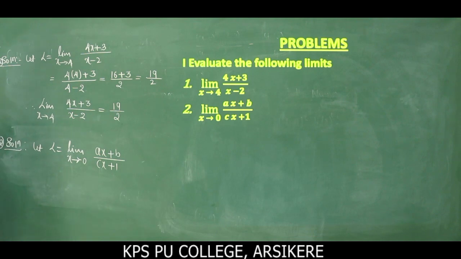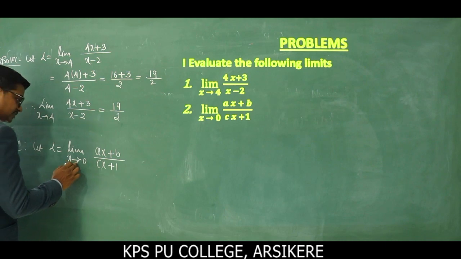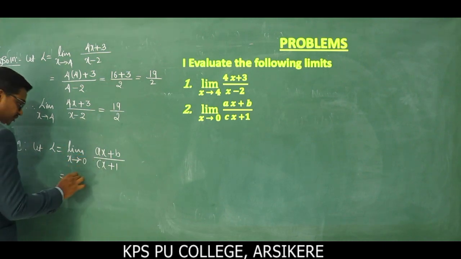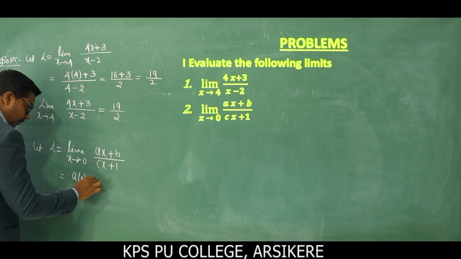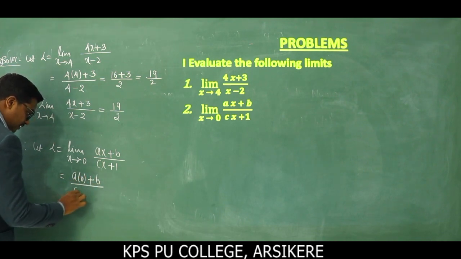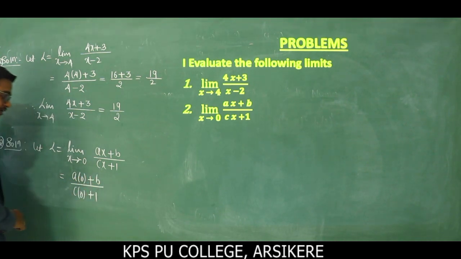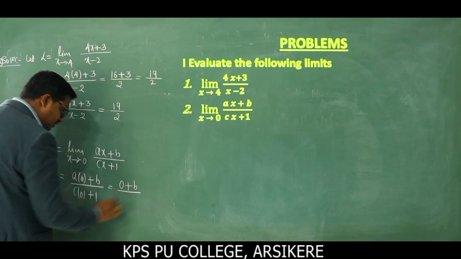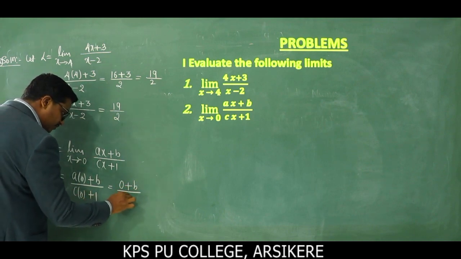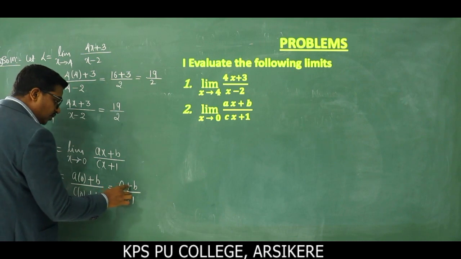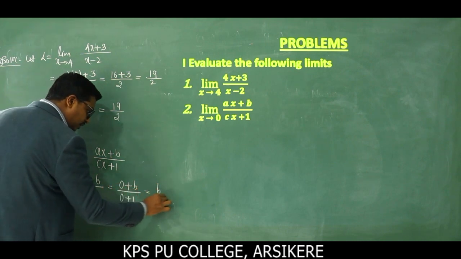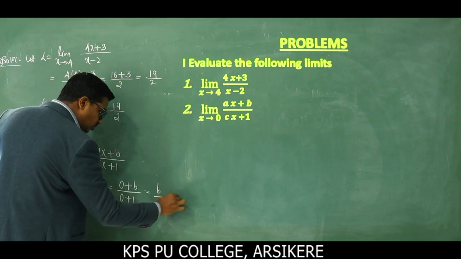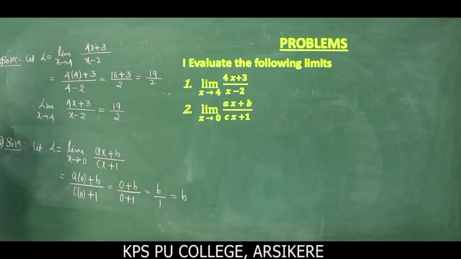So we replace x is equal to what? 0 in this function. This becomes (a into 0 plus b) divided by (c into 0 plus 1). Next step is simplification. A into 0 becomes 0 plus b, divided by c into 0 is 0 plus 1. 0 plus b is b, divided by 0 plus 1 is 1. So total we will be left with b.